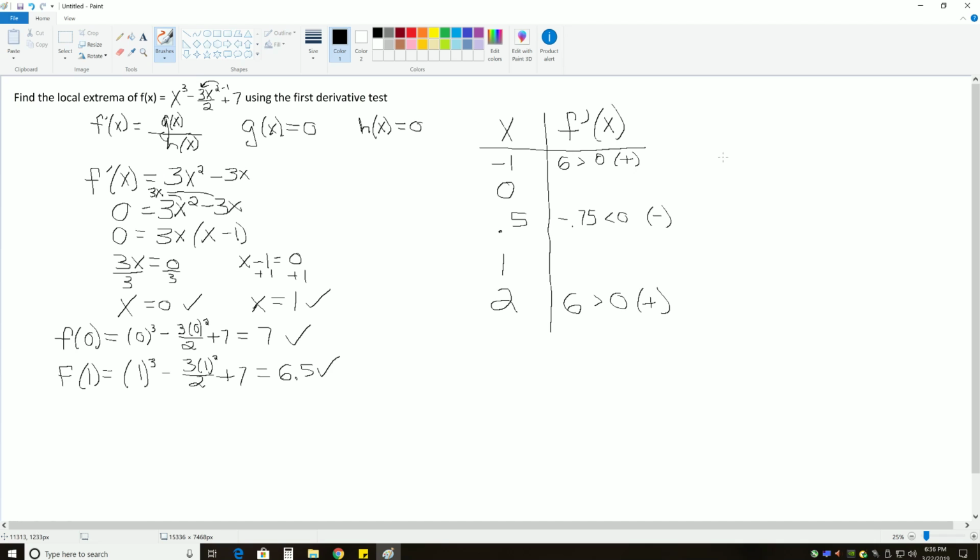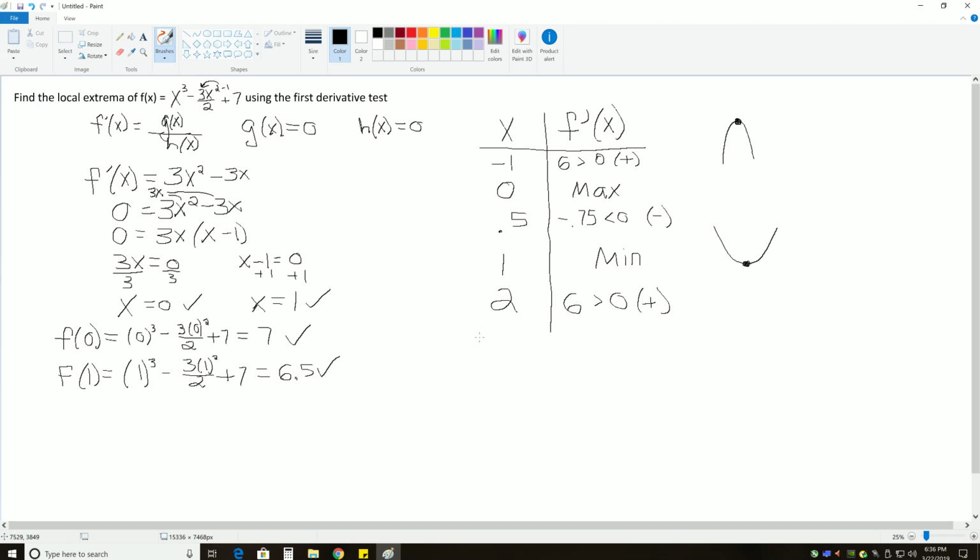So if you were to draw that, you'd go from a positive slope to a negative slope, which means you have a local maximum. You have a hill, so you have a maximum value. And then from there, at our value of 1, we went from a negative to a positive. So if you drew a negative slope and then changed to a positive, you have a valley, which means you have a local minimum.